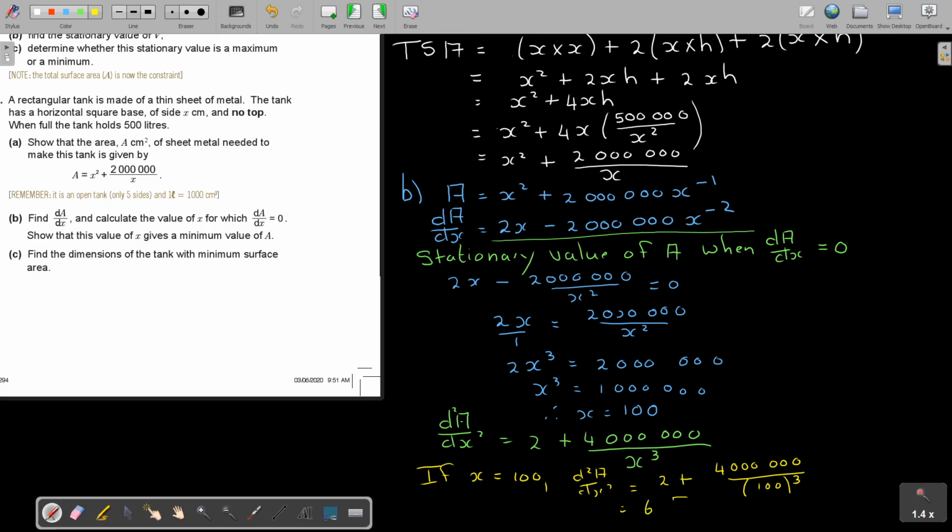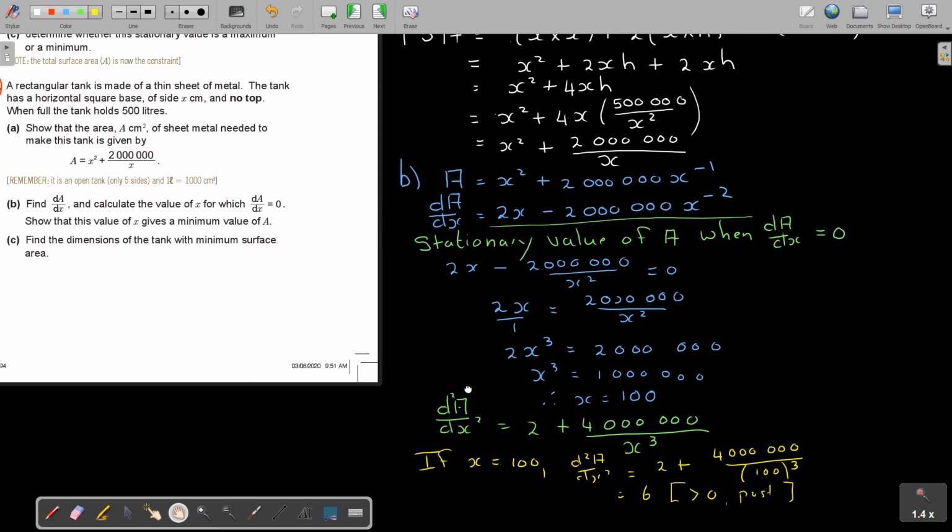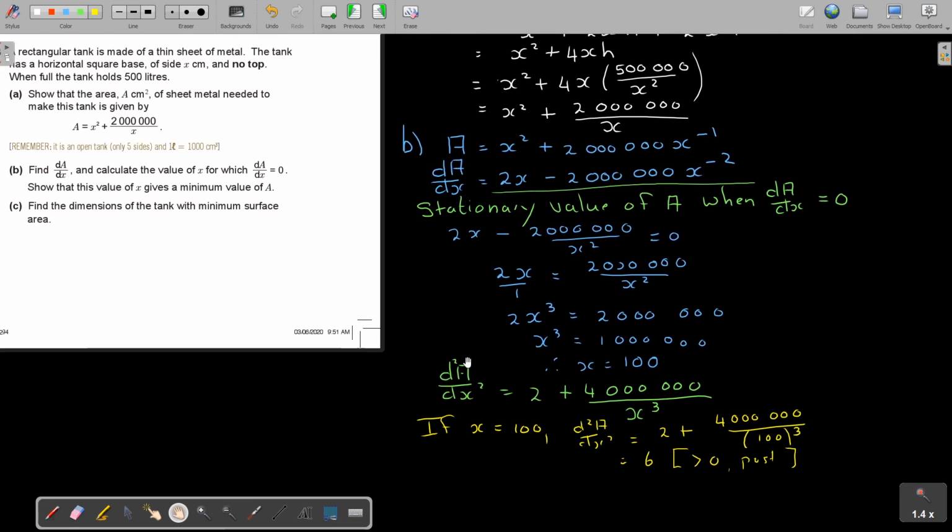And that will be bigger than 0, so it's positive. And I move up again. So therefore, it's a minimum value of A. Okay, and we are at the final one.